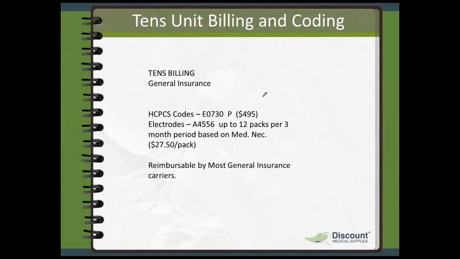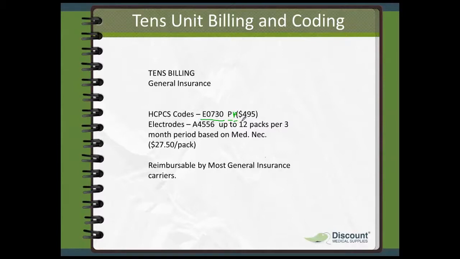Now, as far as general insurance, so let's start with general insurance, and then we'll go into Medicare billing. General insurance, the HCPCS code, like I said earlier, is E0730, and we're going to use a P modifier. Now, this is important. Some carriers, you'll have just one digit on the modifier. Some may have two. So if they ask for two, you may put a PP modifier. Okay?